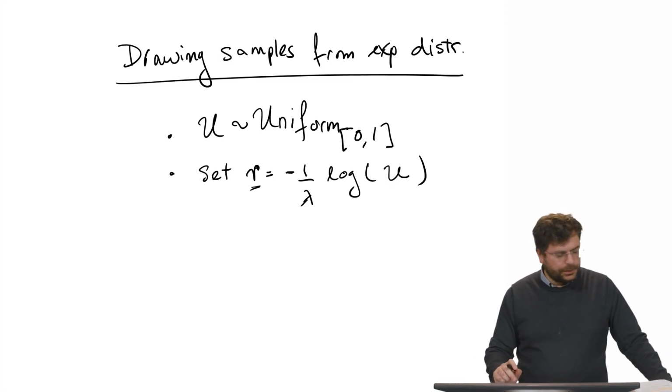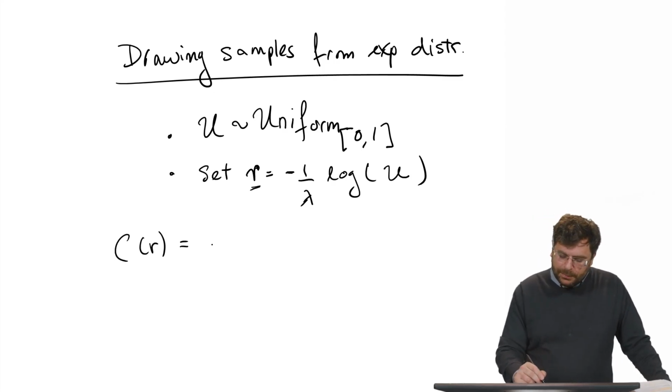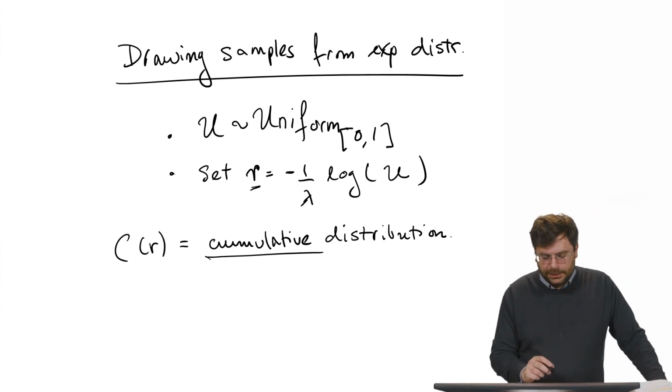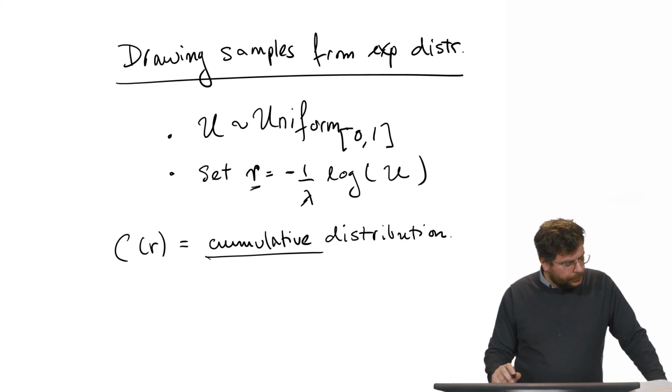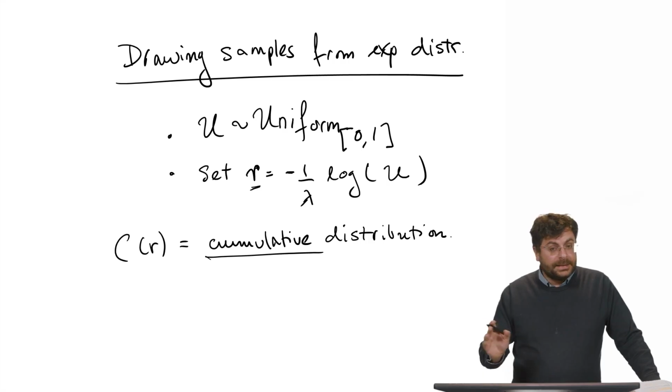We've also explained the fact that we can draw samples from continuous probability distributions, but that requires that we compute a C of R. By the way, the C of R has a name, and it's called a cumulative distribution, which makes sense because you're accumulating the probabilities from negative infinity all the way up to R. And with that said, I think we're ready to move on to the next topic.